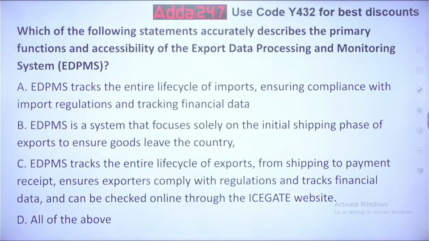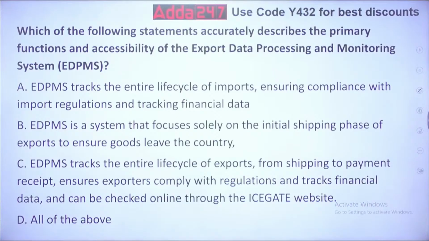Second, EDPMS is a system that focuses solely on the initial shipping phase of the exports to ensure goods leave the country. Third, EDPMS tracks the entire life cycle of the exports from shipping to payment receipt, ensures exporters comply with the regulations, tracks financial data, and can be checked online through the IceGate website. And fourth, all of the above.